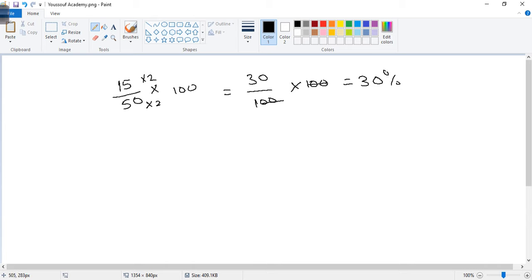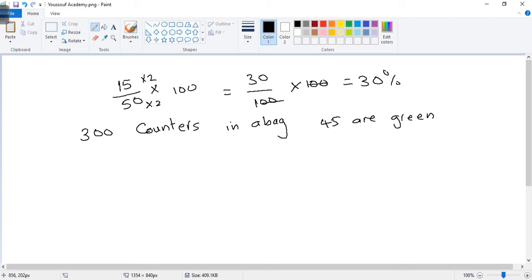For example, if he tells us there are 300 counters in a bag, and among these counters 45 are green.